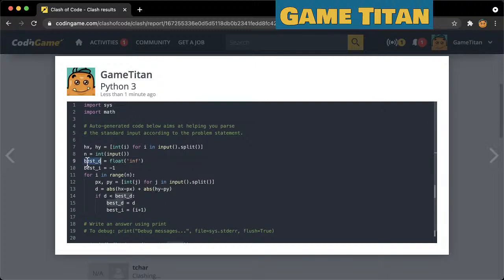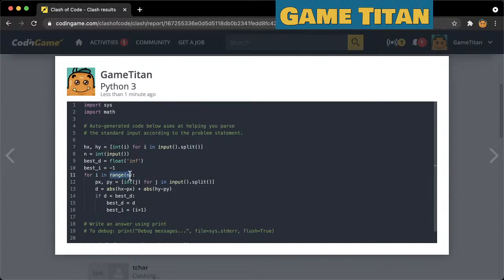And you keep track of the best distance that you've seen so far. And I just started that out as a very large number to make sure that it gets replaced, and the best index. And one of the things that the problem statement mentioned was that you are doing one index. So in Python and many programming languages, when you loop, your loop is often starting at 0.